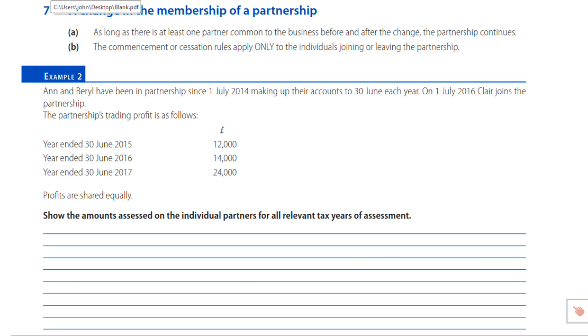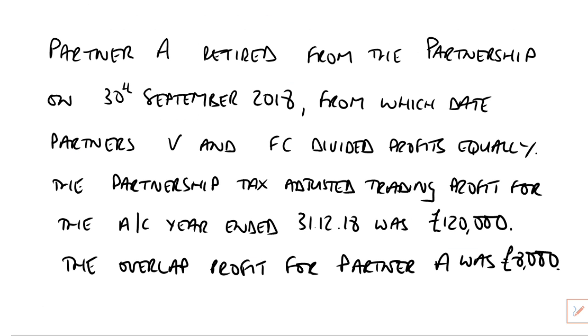Well, now, if we make a note of this, we'll now see that partner A, one of the original partners, retired from the partnership on the 30th of September 2018. Now, if you look back to the previous example that we did, you saw that we came as far as the year ended December 17, where we established the CYB assessment that existed so far as partner A and indeed partner V were concerned.